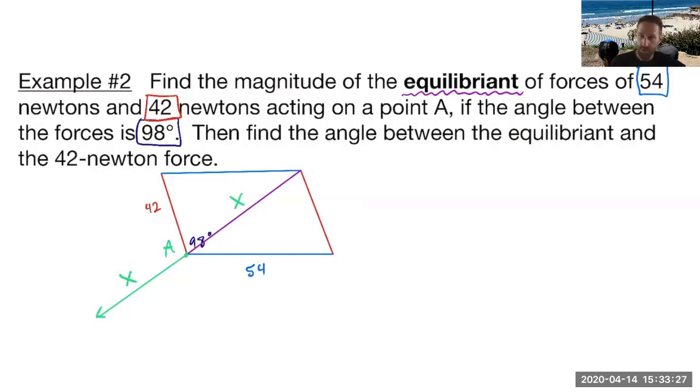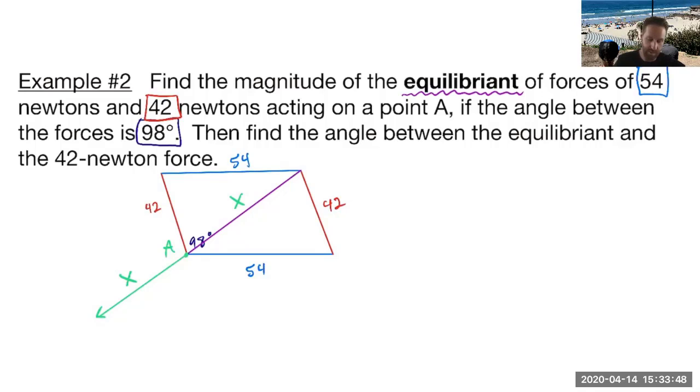All right. So when dealing with this, I'm going to go ahead and label everything else that they gave me. And we drew in, so that was 42. This one up here was 54 newtons. And then remember, we know that the angle that we were given was split.